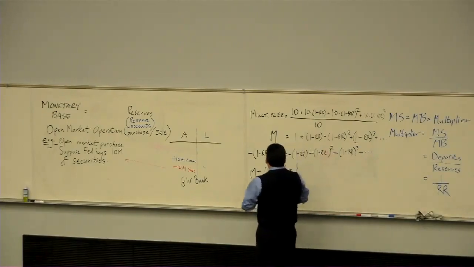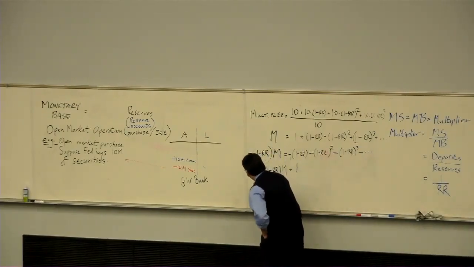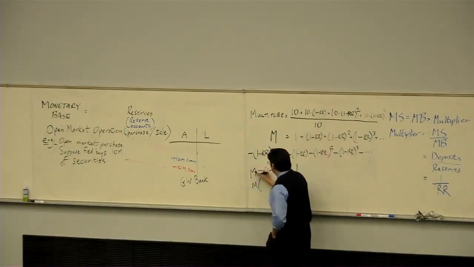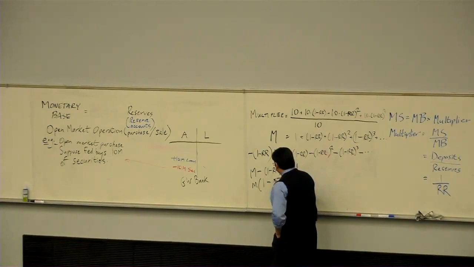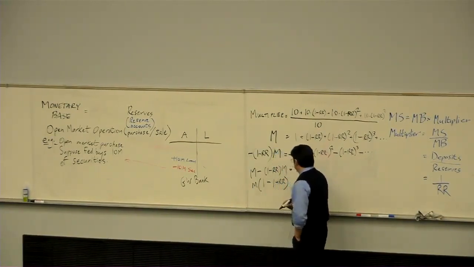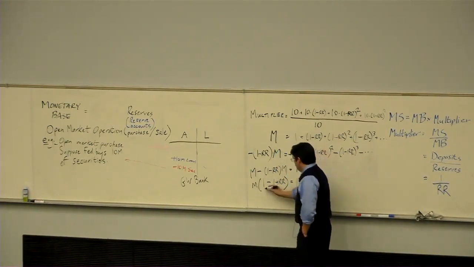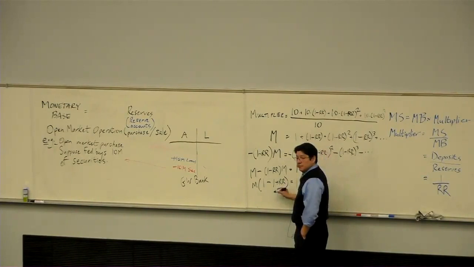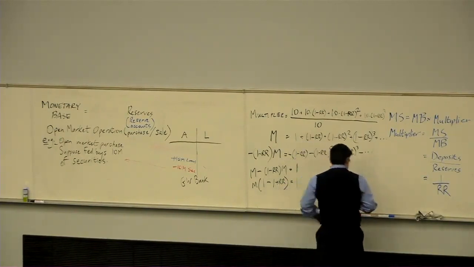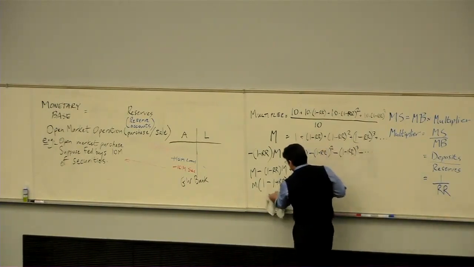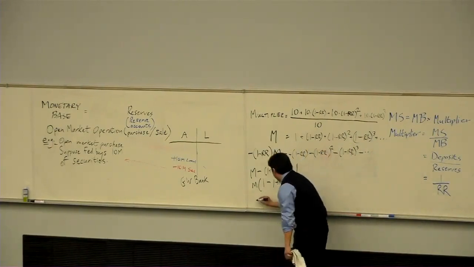Finally, what can we do? We can factor out m. So m times, well, m divided by m is 1. This divided by m is 1 minus the reserve ratio, so this is 1 minus (1 minus RR), which is RR. I shall just write it like that.